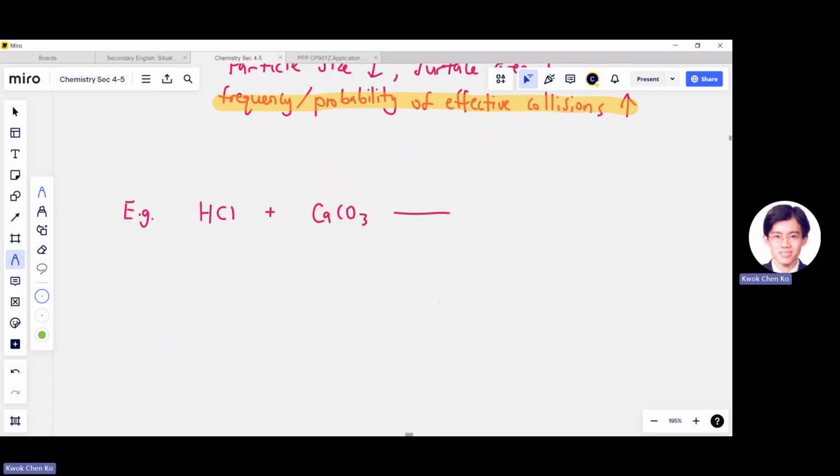Come guys, quickly complete this equation. Balance it. Include state symbols.